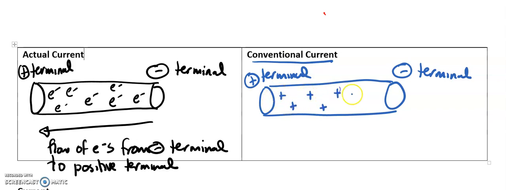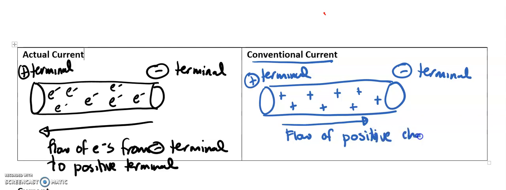Are those positive charges going to move towards the positive or towards the negative? Opposites attract, so they're going to move towards the negative. So this is the flow of positive charges. Again, this is not what actually happens, but this is what we say it is by convention.